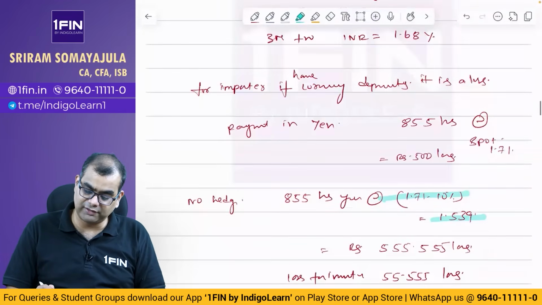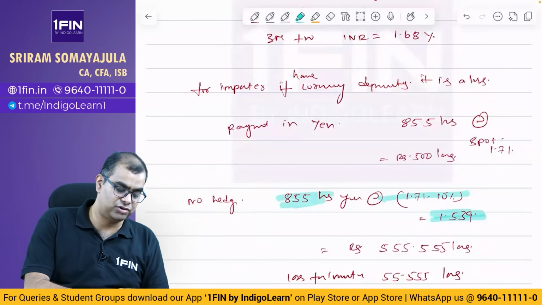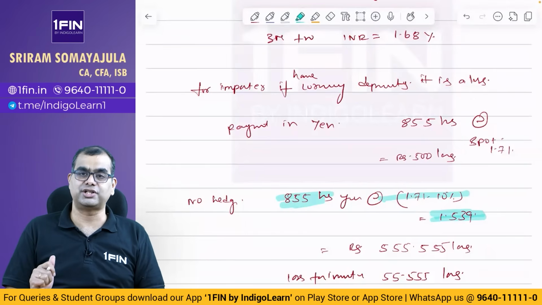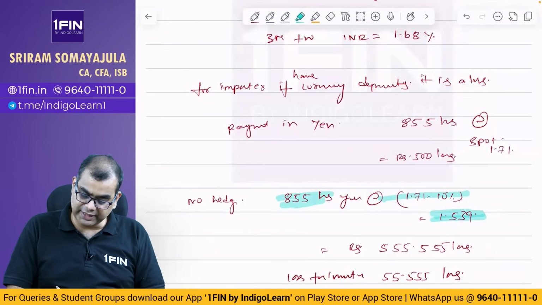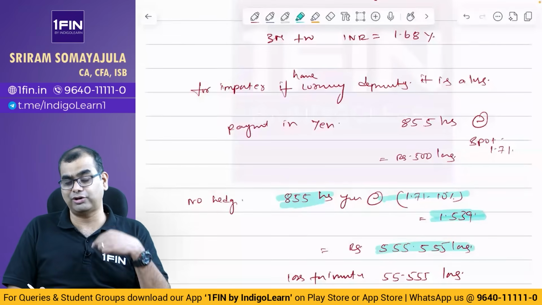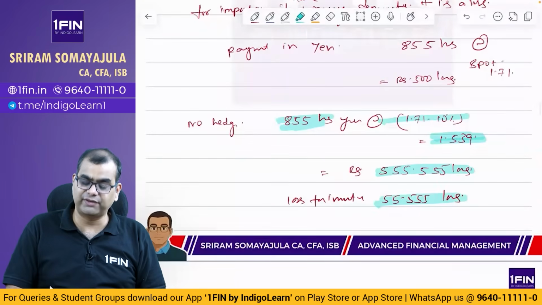How much payment will you have to make? 855 divided by 1.539, because your payment in yen is fixed and the yen-rupee exchange rate is changing. You basically get 555. So you have to make a payment of 555 instead of the original 500. So the loss is 55.55.